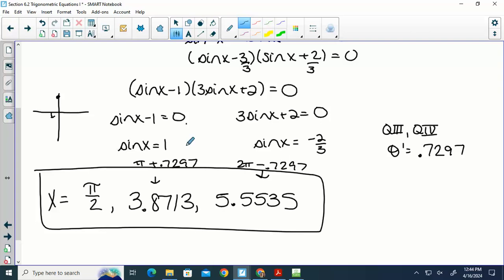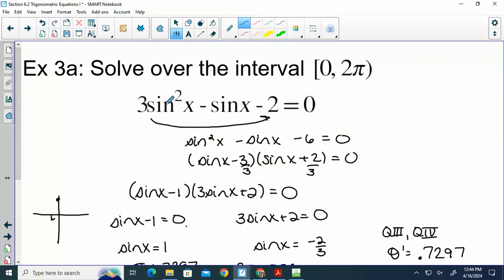How would you check that? So you would use sine inverse. No, you would put it in as your x. So you would do 3 sine of that squared. But you have to make sure you square the sine. You can't just put it in like that.